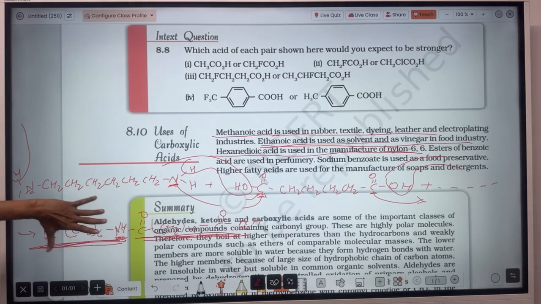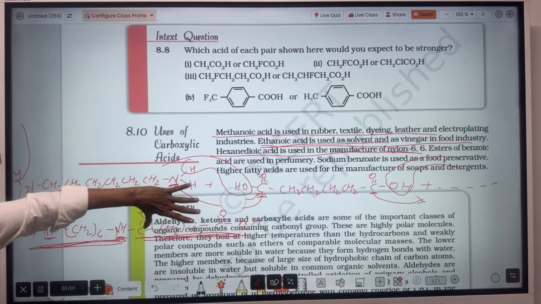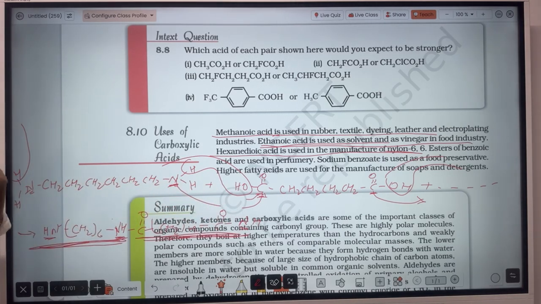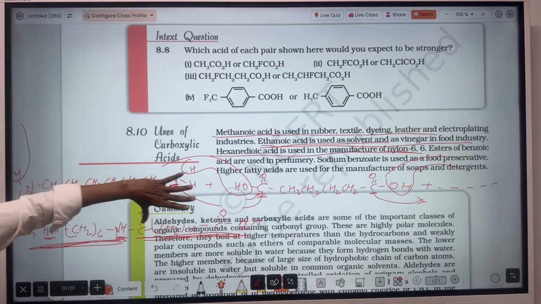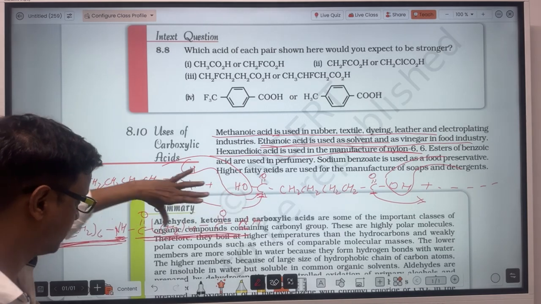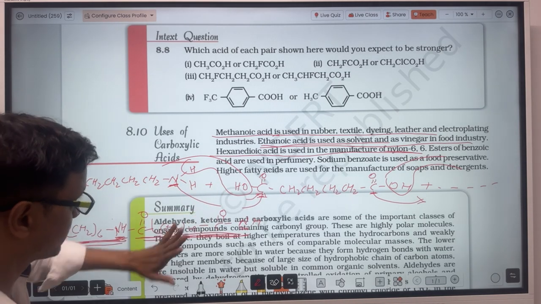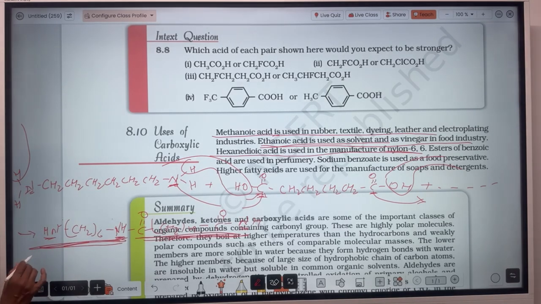So that's why the nature of the chain is different here. In this segment, the nature of the CH2 chain is different, and in this segment, the nature of the carbon part is different. So that's why it is called nylon 6,6.